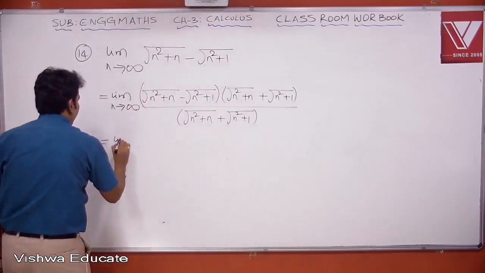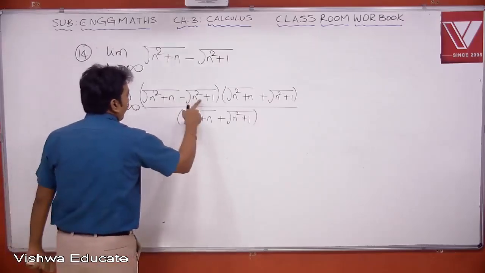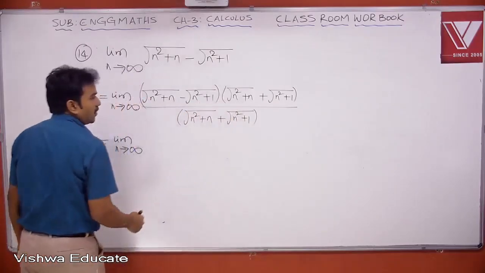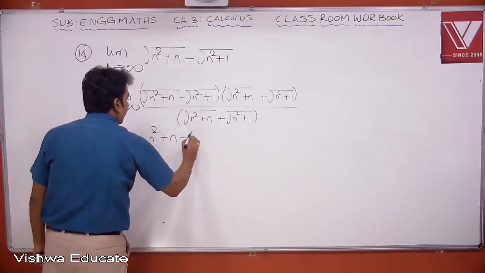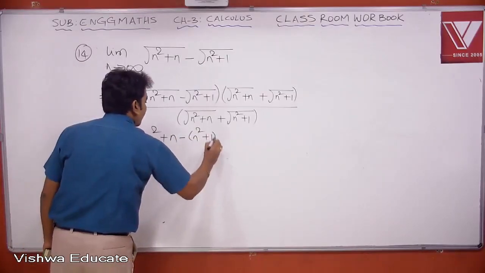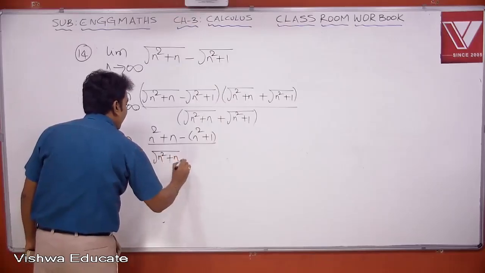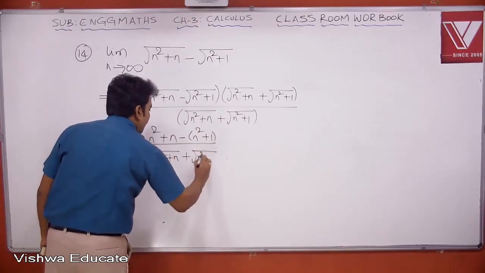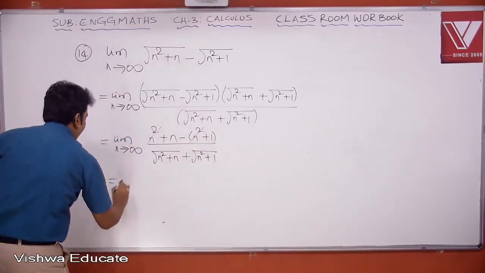So therefore this limit is equivalent to limit n tends to infinity. It is in the form a minus b into a plus b, a square minus b square. So n square plus n minus n square plus 1 divided by square root of n square plus n plus square root of n square plus 1. Plus n square minus n square get cancelled.